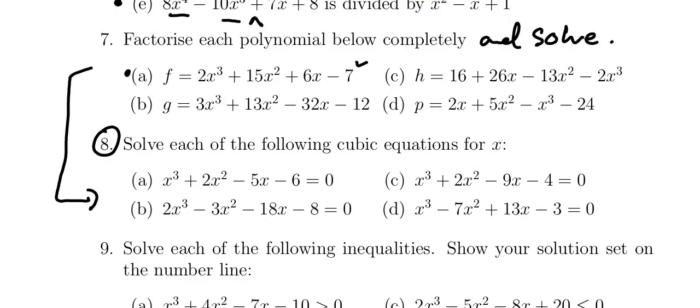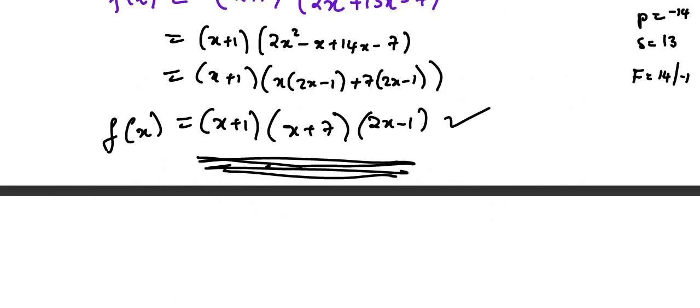But if they go further, like on question 8, where they say solve, first of all you factorize completely, like the way we've done. Then when they put equal to 0, meaning you're now solving, we equate x plus 1 equal to 0, and also x plus 7 equal to 0, and also 2x minus 1 equal to 0.